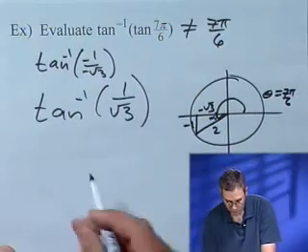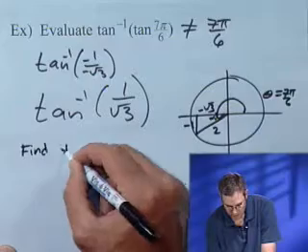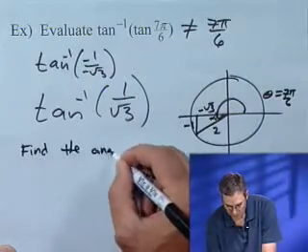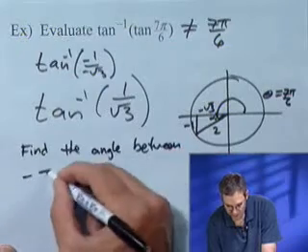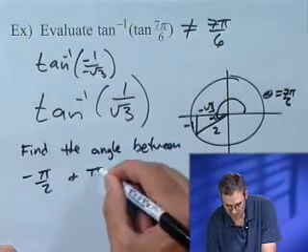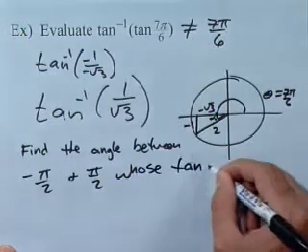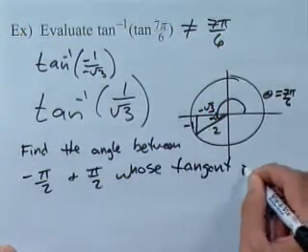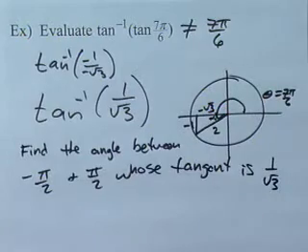Now, what we're looking for, we must find the angle between negative pi halves and pi halves whose tangent is 1 over square root 3.